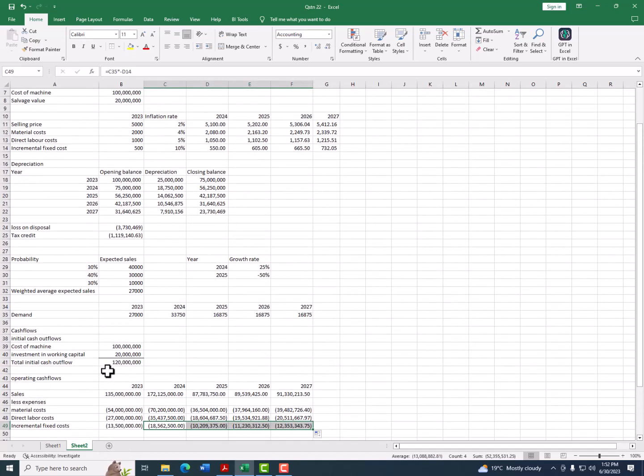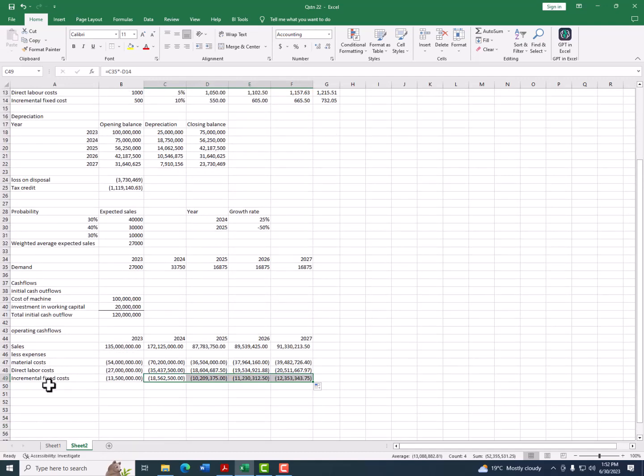Once we have the demand, and do you have any other operational expense? Yes, we have depreciation, which we were calculating here.